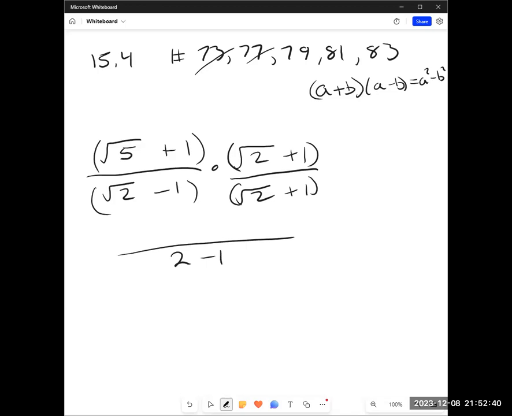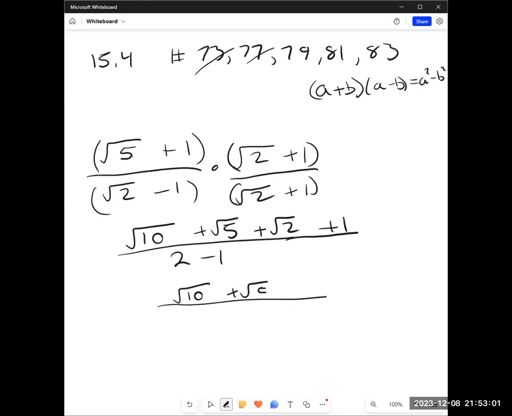That doesn't work that way all the time in math. 5 times 2 is 10, plus root 5, plus root 2, plus a 1. None of these square roots in the numerator break down anymore. This is root 10 plus root 5 plus root 2 plus 1 over 1, which is root 10 plus root 5 plus root 2 plus 1.